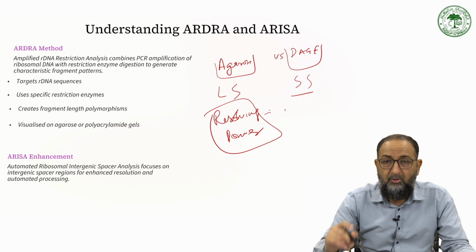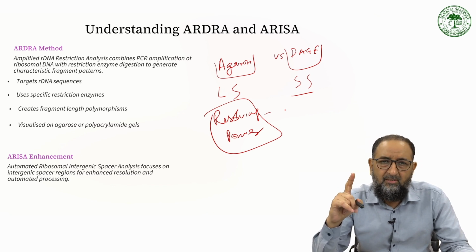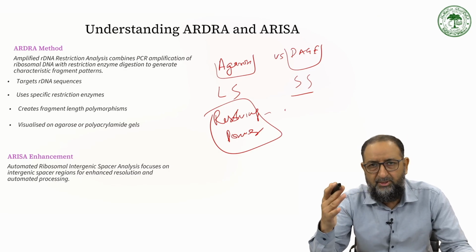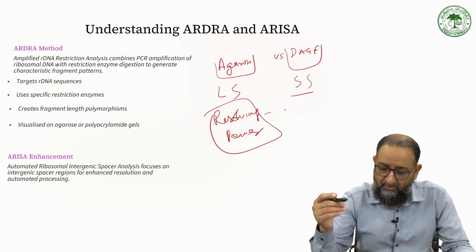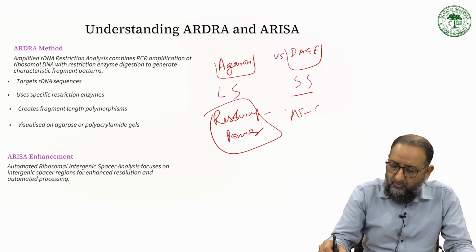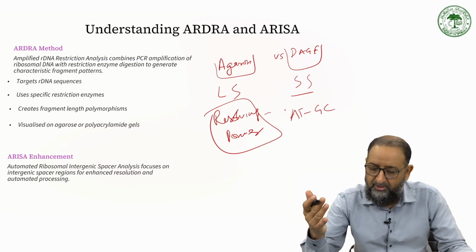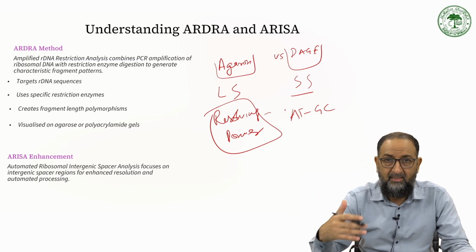So suppose you have a single mutation, and due to this single mutation there's no size variation, either a deletion or insertion or some change. Changes may also affect the denaturation. For example, if you change AT to GC, it will affect it, right? Or if you change GC to AT, it will affect it due to melting and denaturation.